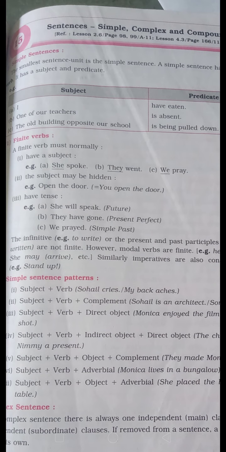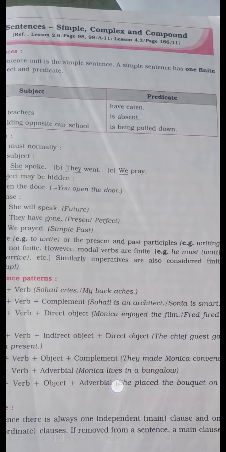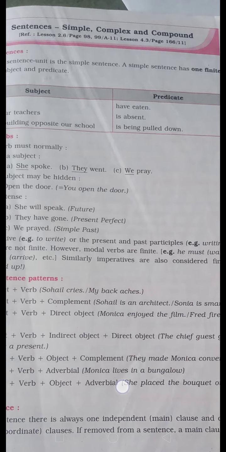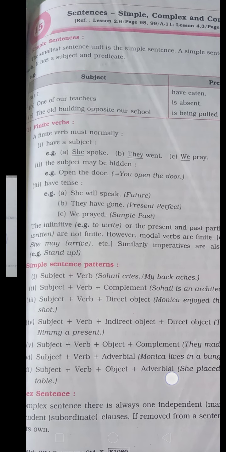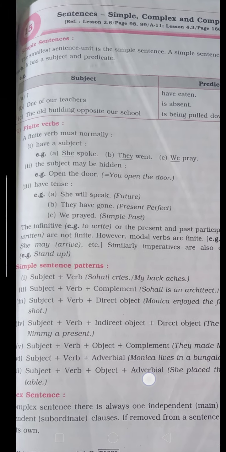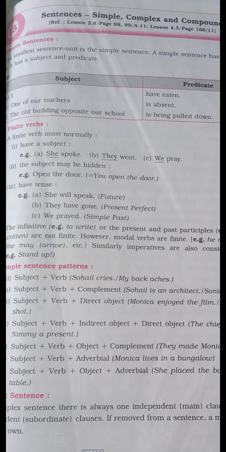Then subject plus verb plus direct object. "Monica enjoyed the film." The film is the direct object. Next, subject plus verb plus indirect object plus direct object.